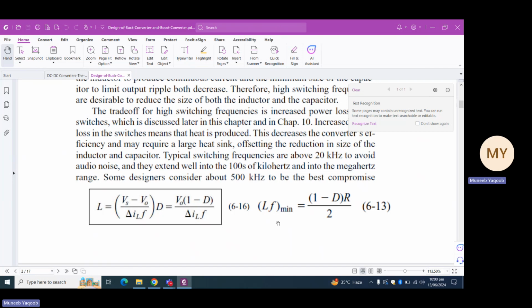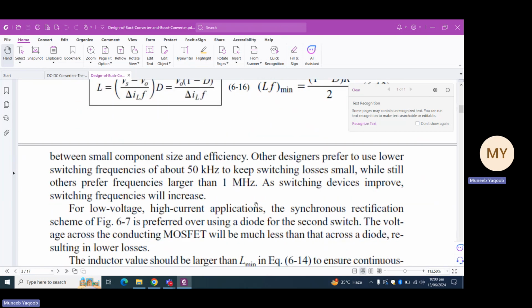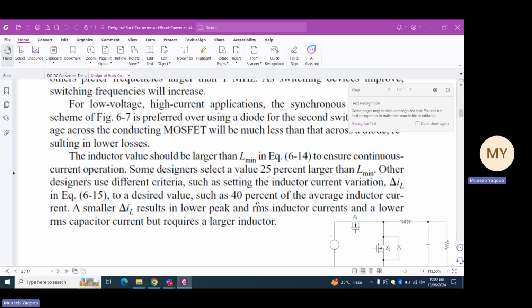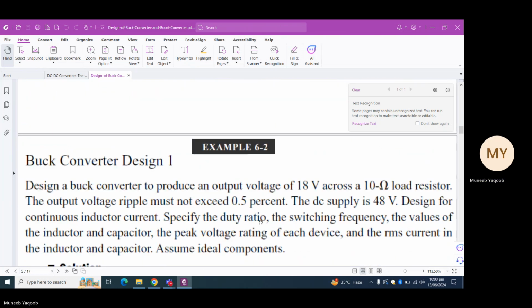Similarly, for capacitance, we had another expression, that was equation 6.16. Now coming to some numericals.